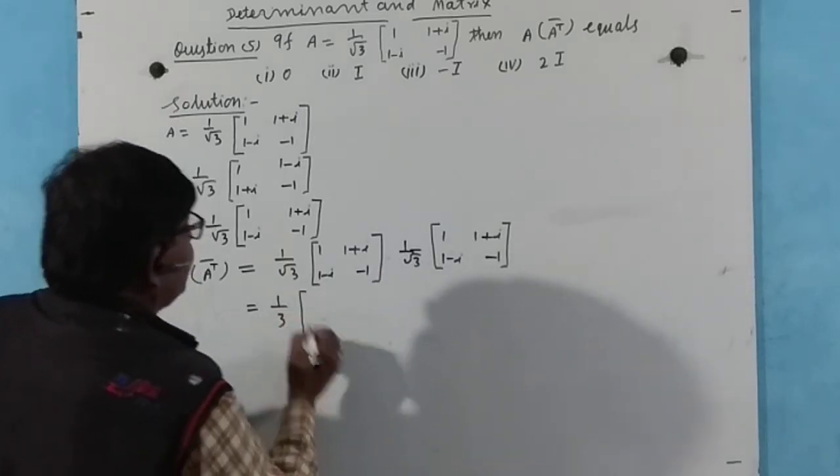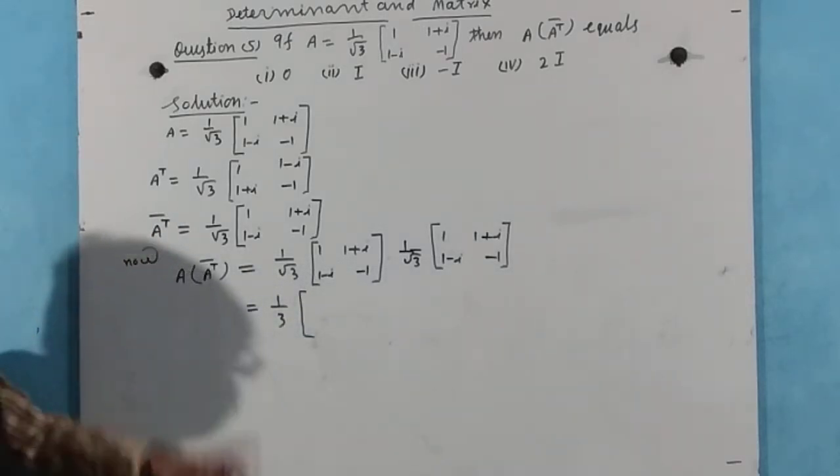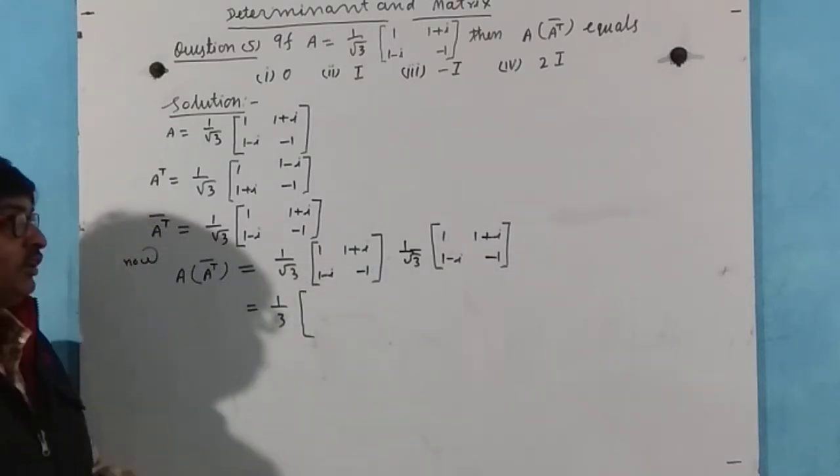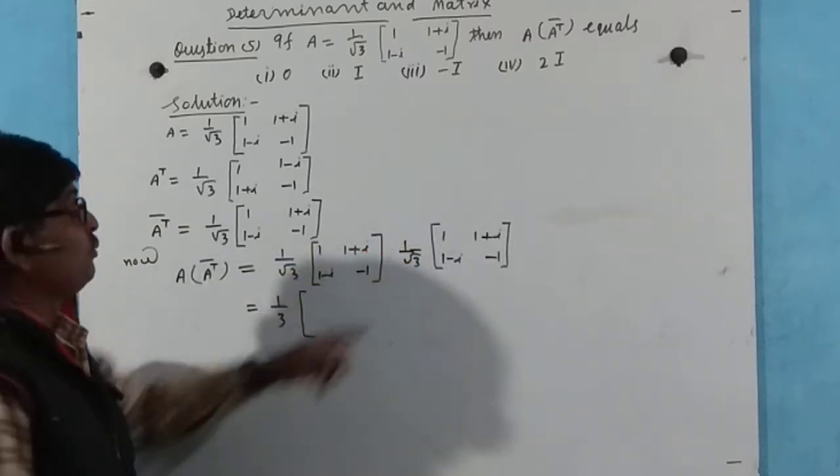In matrix multiplication only one method is applicable, the row by column method.